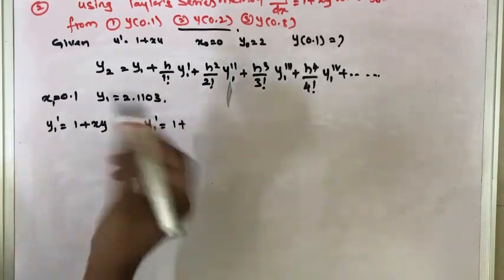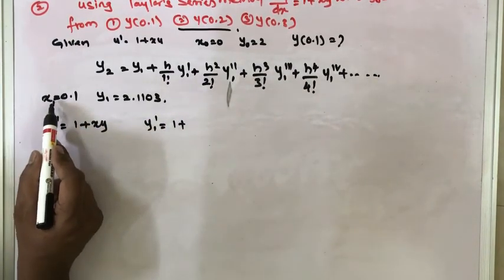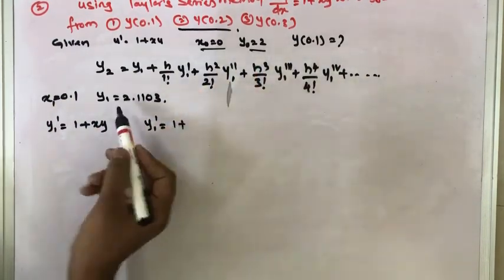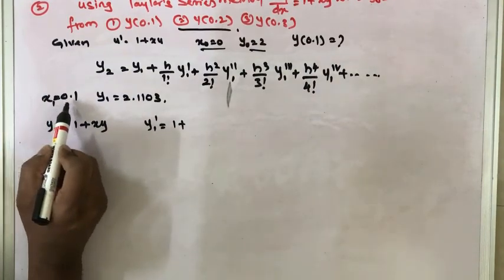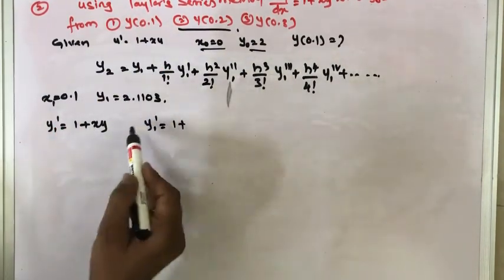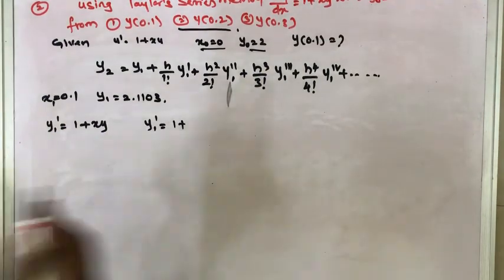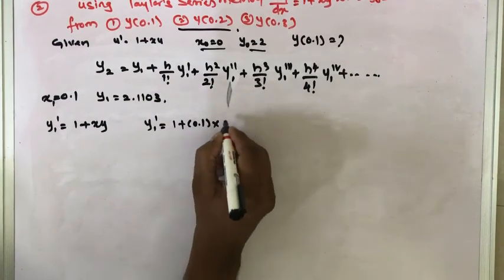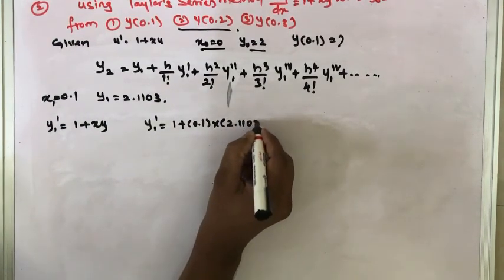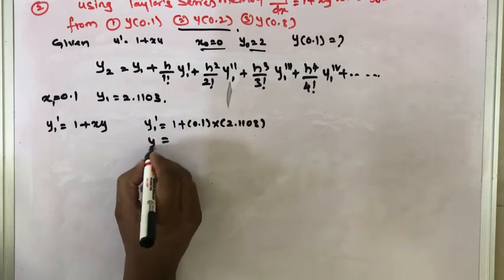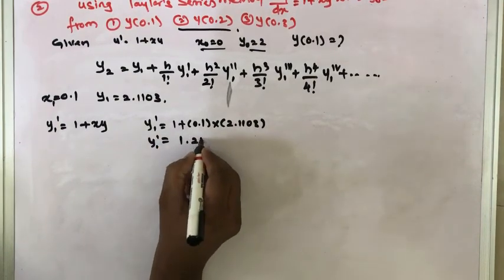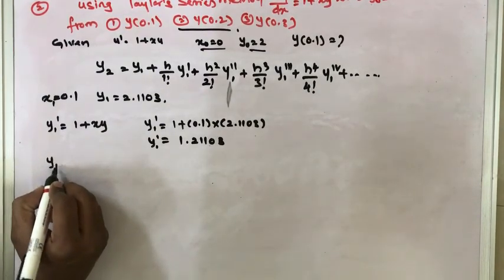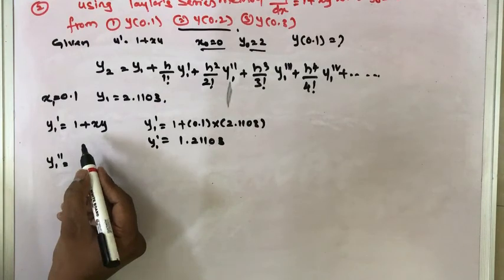Earlier in the equation x0 was 0 and y0 was 2, but in the second approximation x1 will be 0.1 and y1 will be the calculated value, 2.1103. So y1 dash will be 1 plus 0.1 into 2.1103, which gives 1.21103. Next is y1 double dash. That means we have to differentiate this equation.